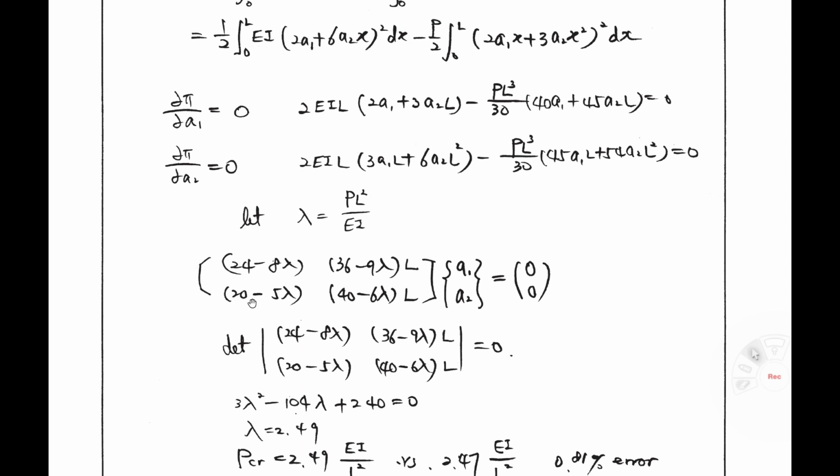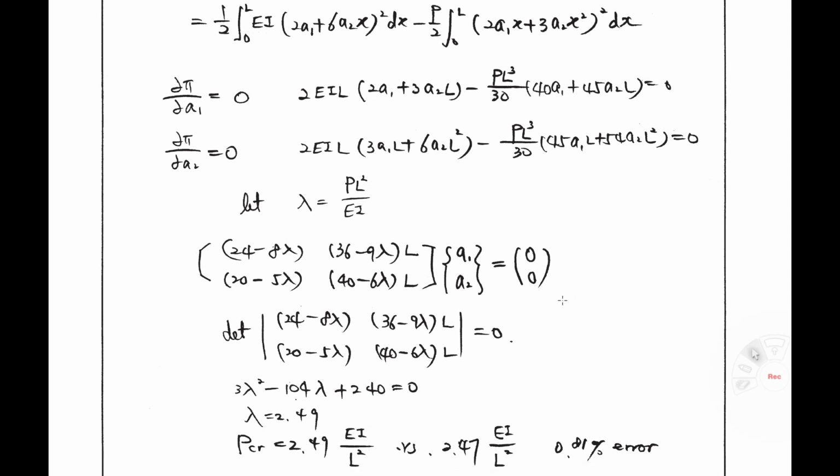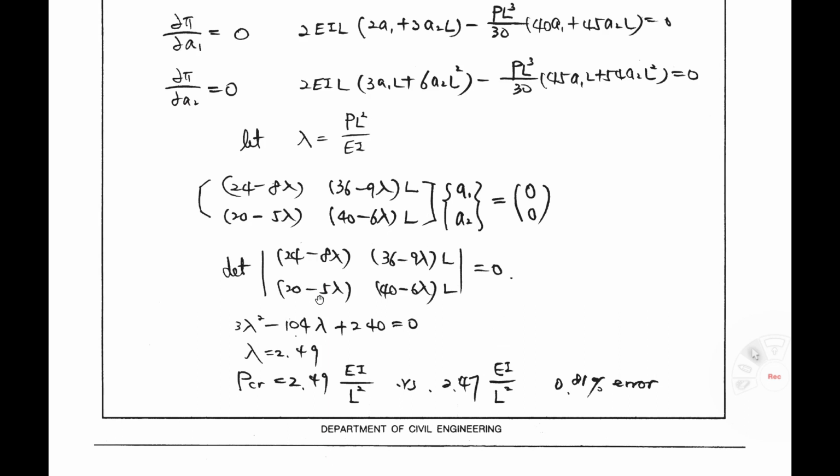This is the equation. In order to satisfy 0 on the right hand side, this determinant must be 0. Right? We had similar experience in the previous chapter. The determinant must be 0. So from this equation, you get this resulting equation.